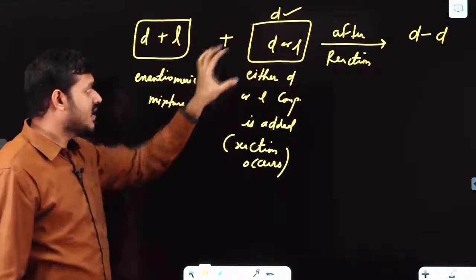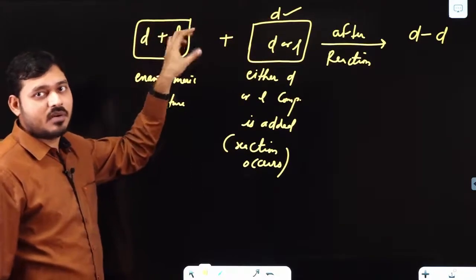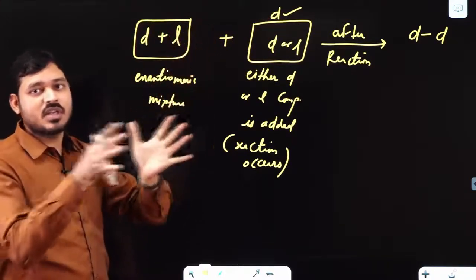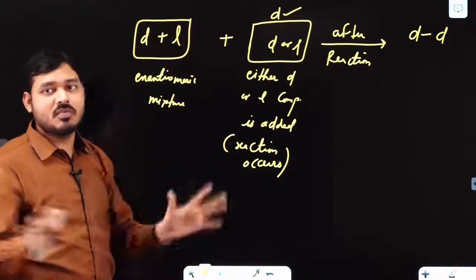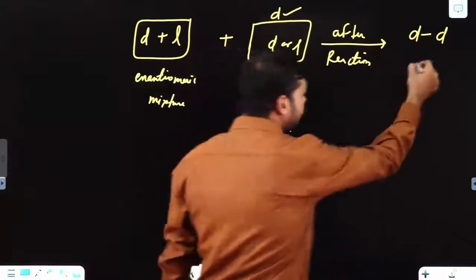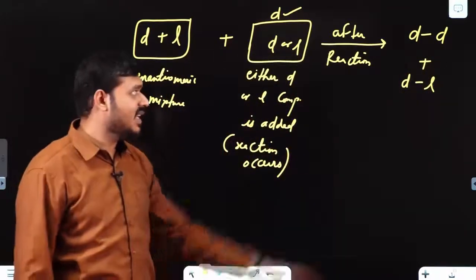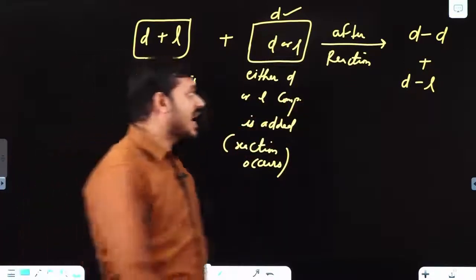So the OH part of this compound and the COOH part of this compound need to react with each other. The rest of the part need not be interfered with. So one will be the DD form plus one will be the DL form. Now you can simply see what we have produced is diastereomers.